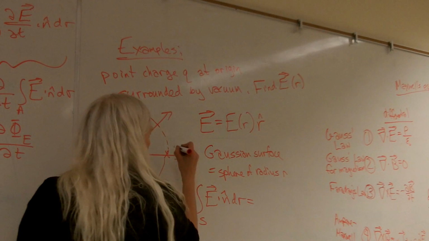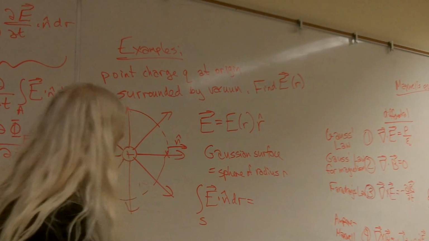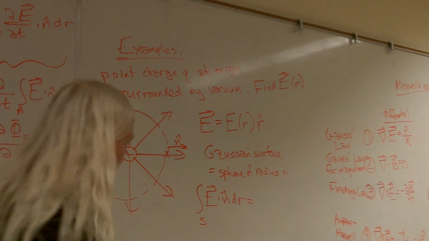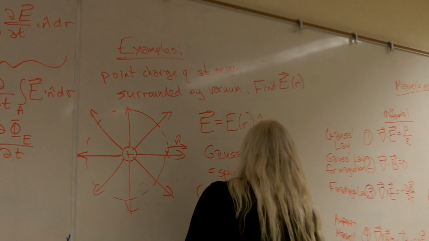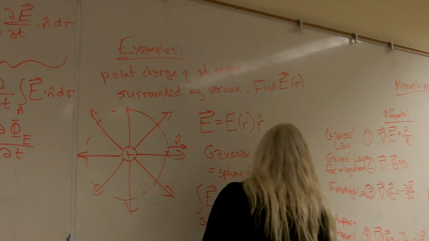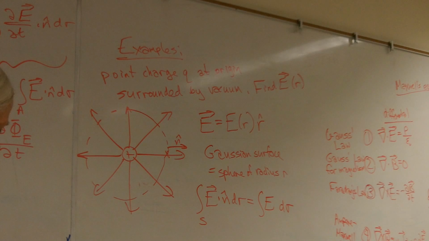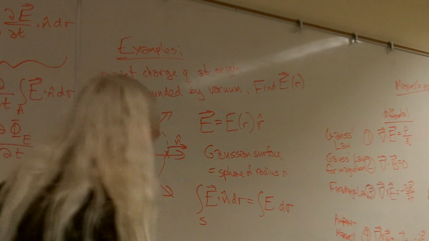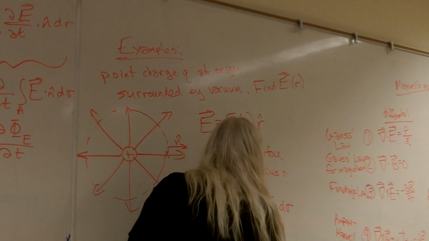Remember the argument we use: n hat is pointing radially outward, that's parallel to E, so their dot product is just the product of the magnitudes. And the magnitude of n hat is, of course, 1, since it is a unit vector. So this is just the magnitude of E integrated over the area.